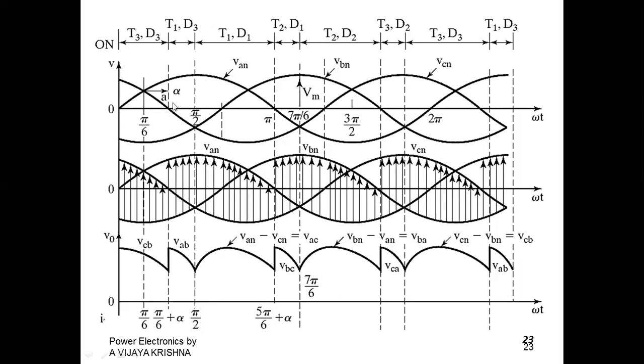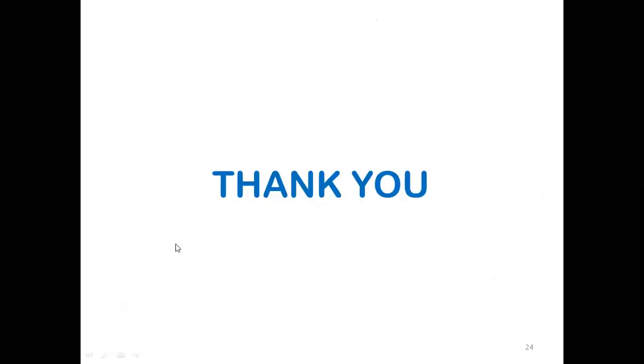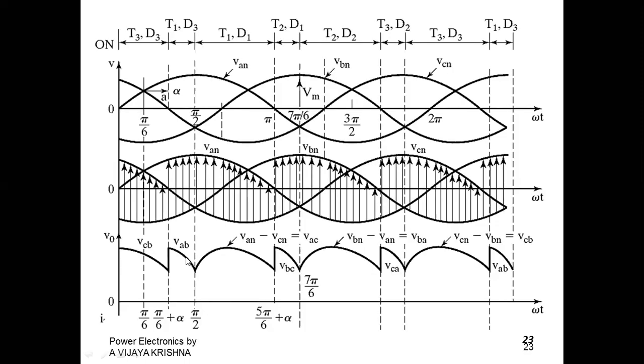T1 D3. Next, T1 D2, from pi by 6 plus alpha up to pi by 2, VAB. Next, VAC. Actually we have to get VBC, but we are getting VAC. Again VBC.